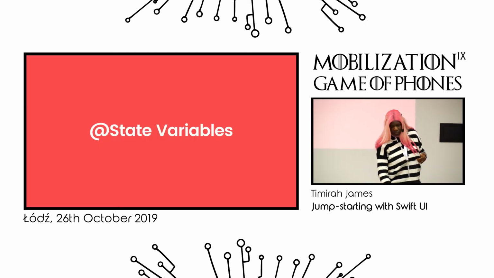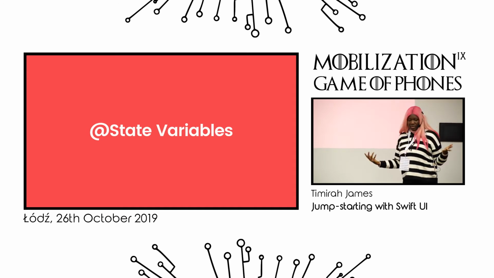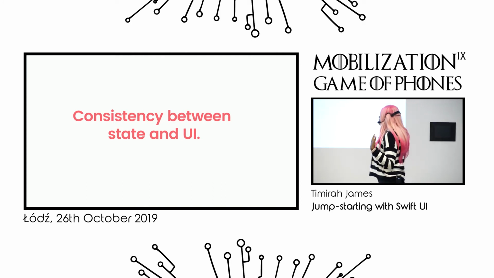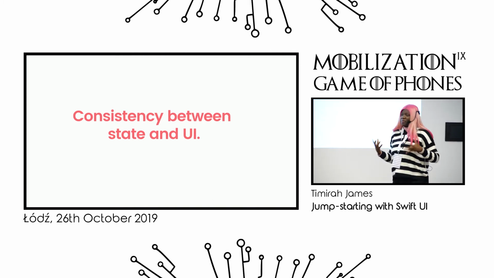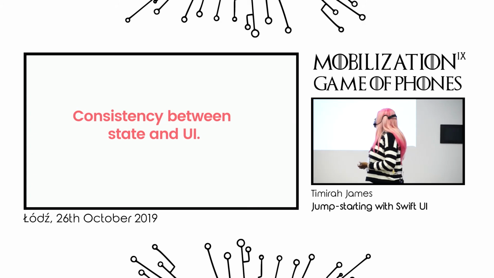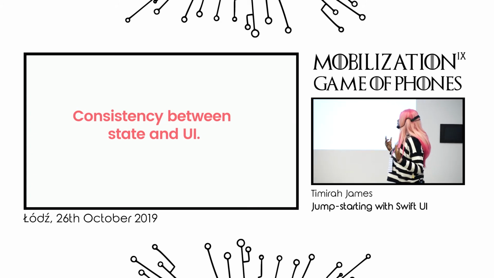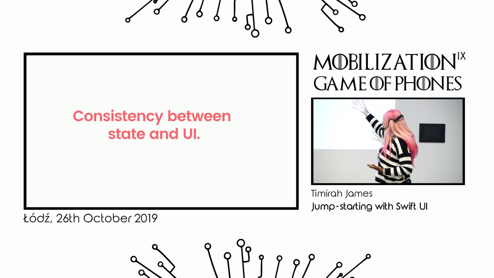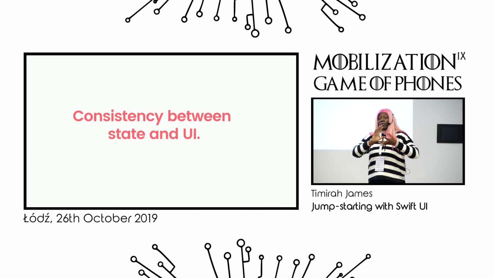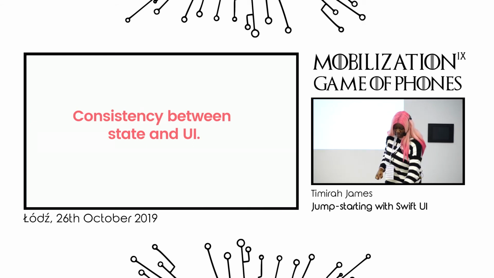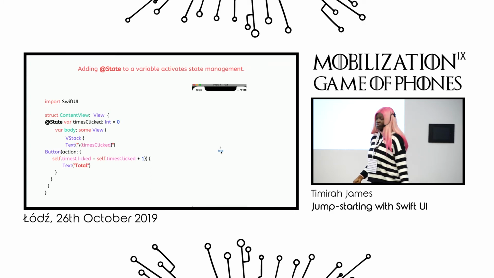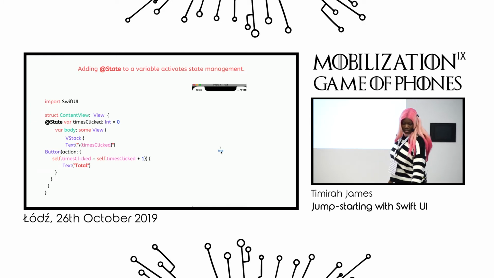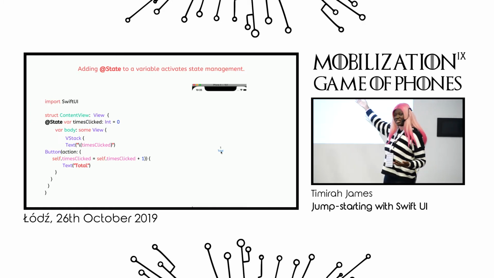Okay. So let's move on to state variables. When we talk about state, right, what's the purpose of state when it comes to SwiftUI? Basically, the purpose of state is to maintain consistency between the state and the UI of your app. So for example, adding, and I'm going to play this. All right. So basically, it's just a counter, right?